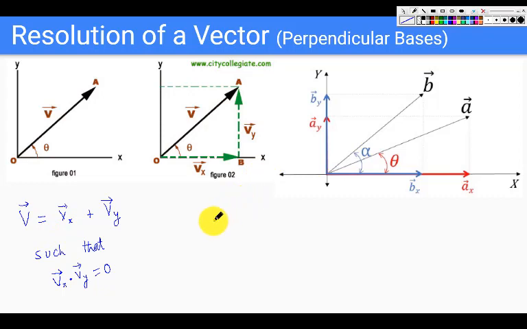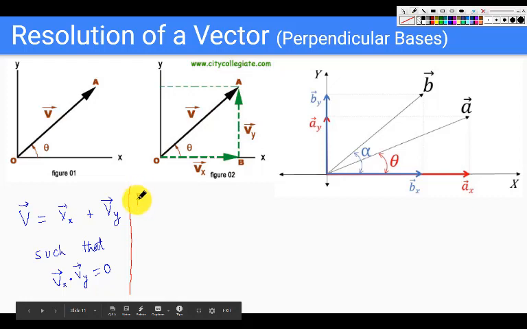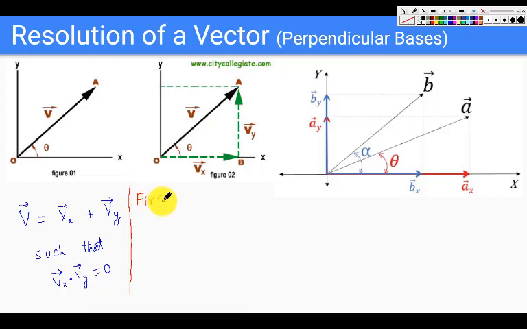To resolve a vector into perpendicular components, first we have to choose a basis, or we can say choose an axis.